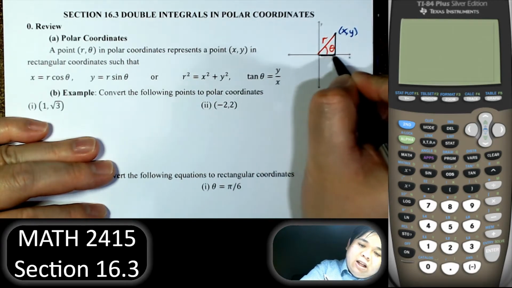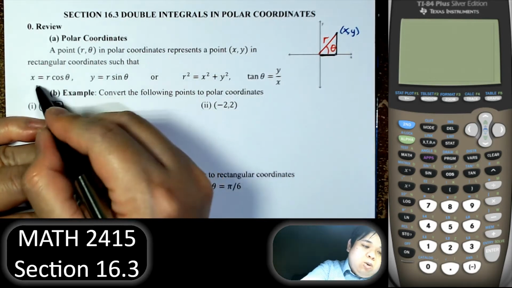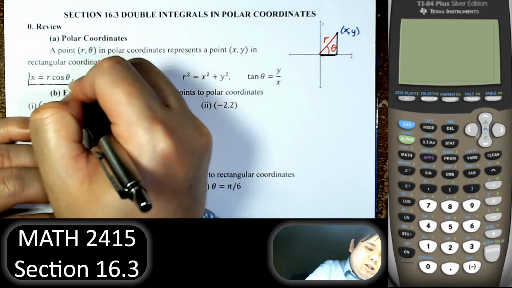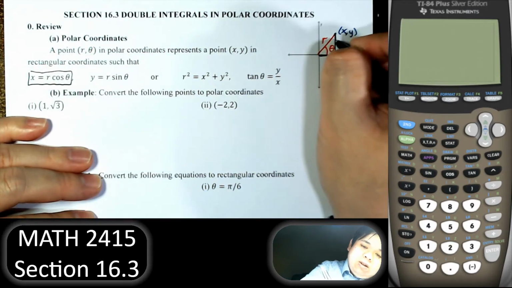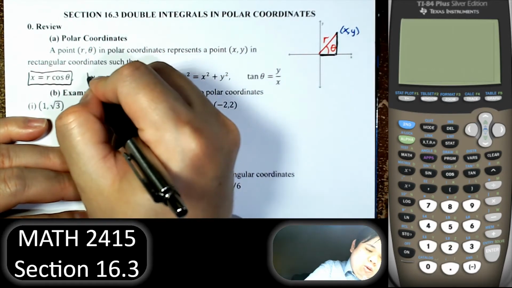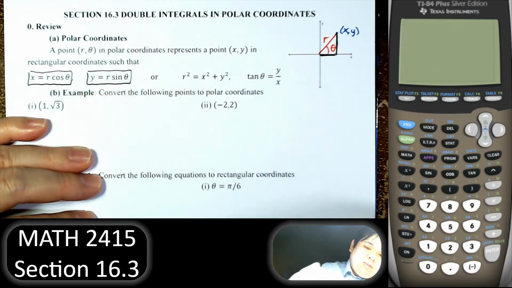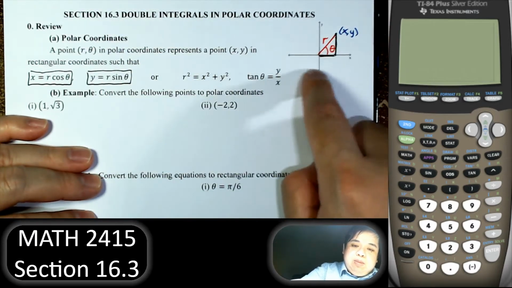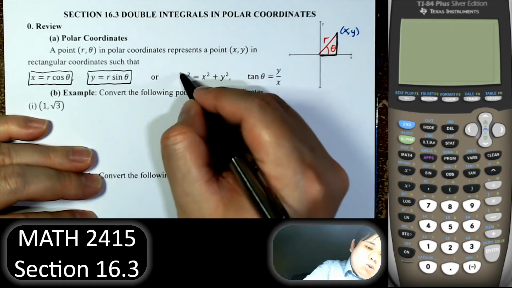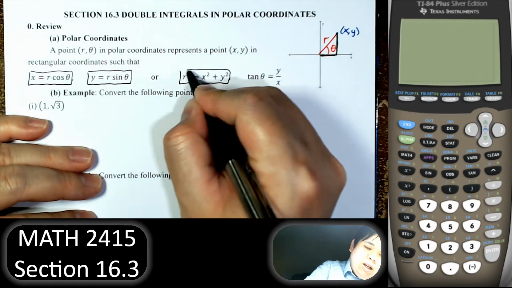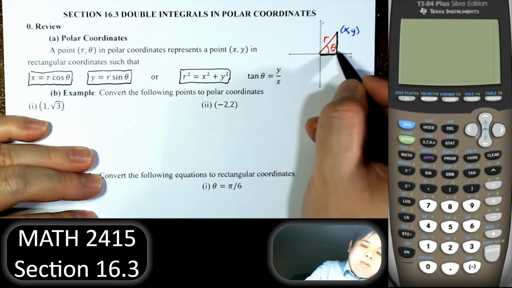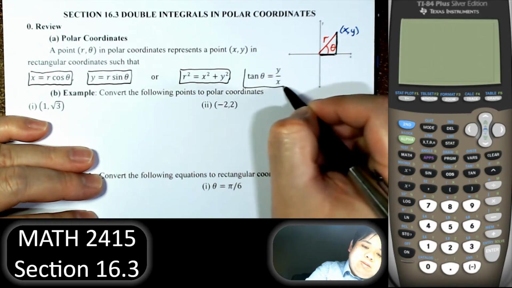And then with that, we have x equal to r cosine theta, y equal to r sine theta, and then the Pythagorean theorem, r squared equals x squared plus y squared, and tangent of theta is opposite over adjacent, y over x.